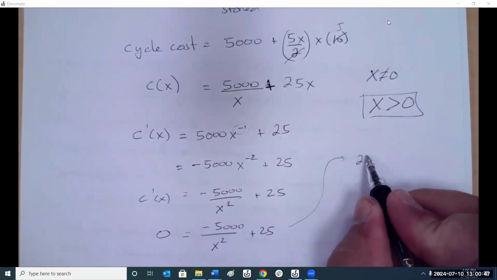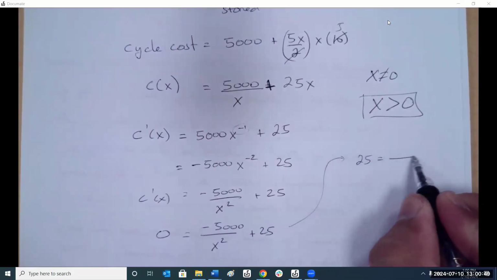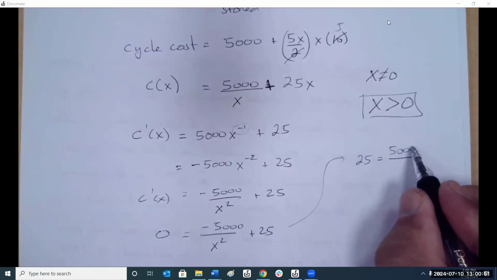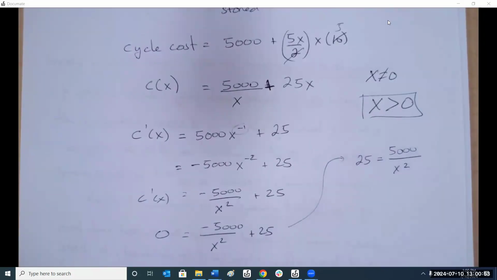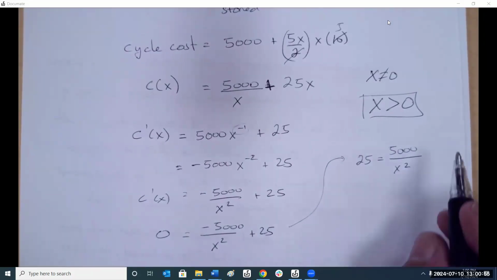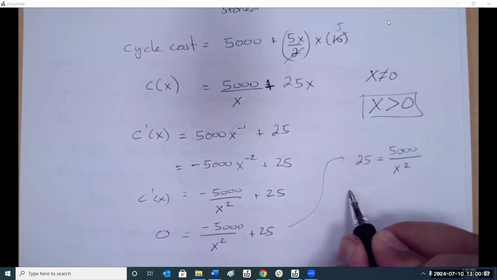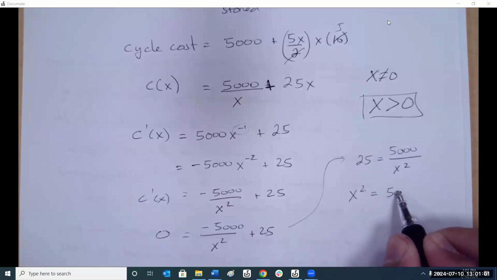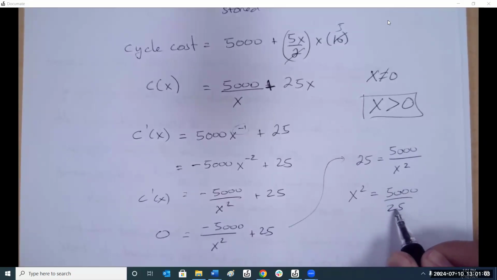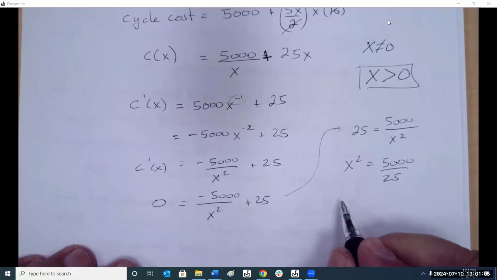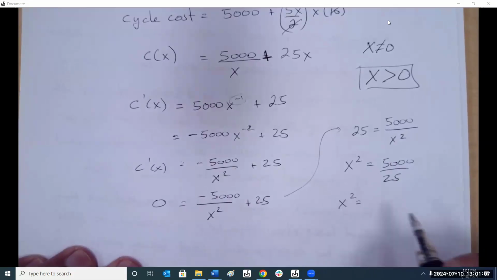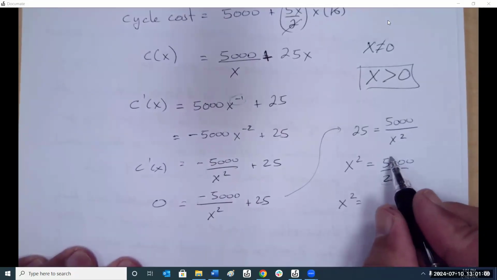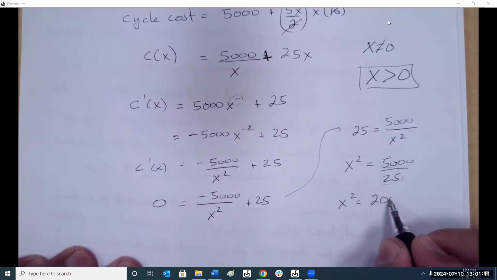So we get 25 is equal to 5,000 over x squared. Multiply by x squared and divide by 25. 25 goes into 5,000 200 times.